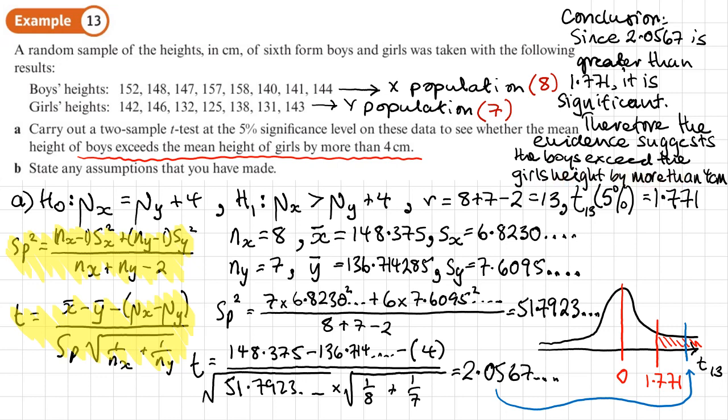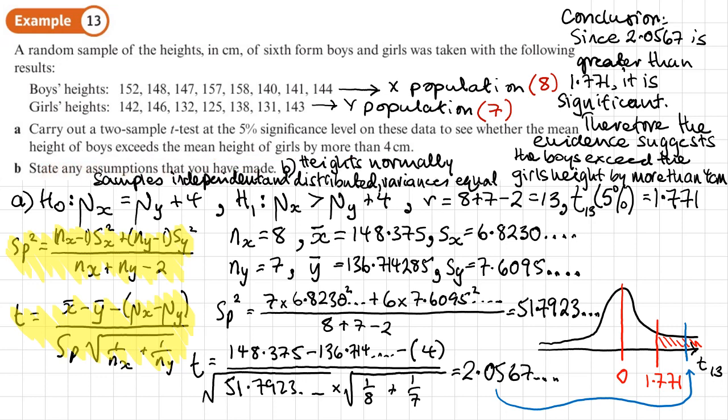And then part B asks here, state any assumptions that you have made. So the assumptions that I've made are that the heights of the boys and the girls are both normally distributed. The samples are independent, so I didn't pick all tall boys or short girls or vice versa.